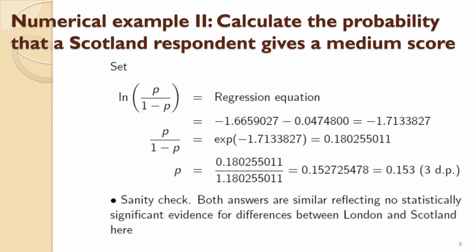Take the exponential of both sides, so p over 1 minus p is equal to something positive, 0.180255011, and then the probability can be calculated as the exponential of the regression term over 1 plus that. So in this case, 0.180255011 over 1 plus that comes out at the end at 0.153. And again, the thing to watch for here is similar answers for both regions, reflecting no statistically significant evidence for differences between them.